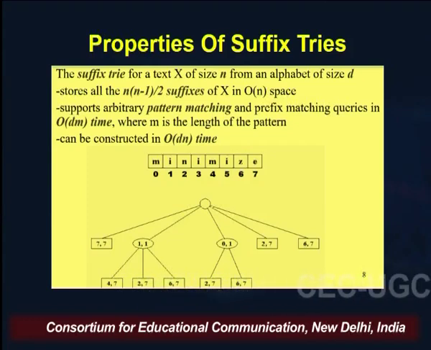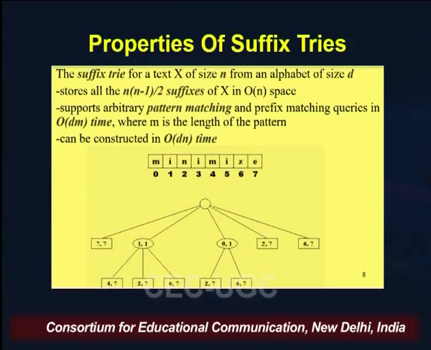It also supports arbitrary pattern matching and prefix matching queries in order dm time, where m is the length of the pattern, and it can be constructed in order dn time.